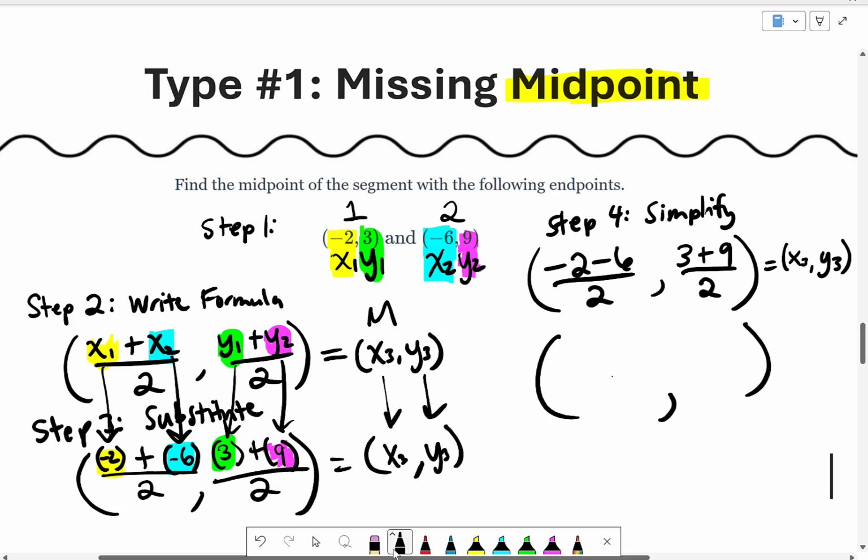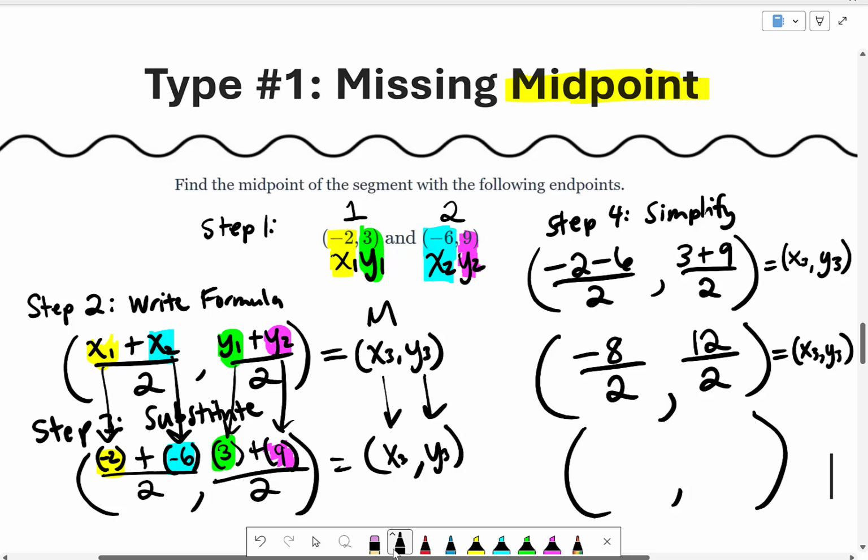Negative 2 minus 6 is negative 8 over 2. 3 plus 9 is 12 over 2. And then we simplify again, right? This line means division. So negative 8 divided by 2 is negative 4, and 12 divided by 2 is 6. And that is our midpoint.